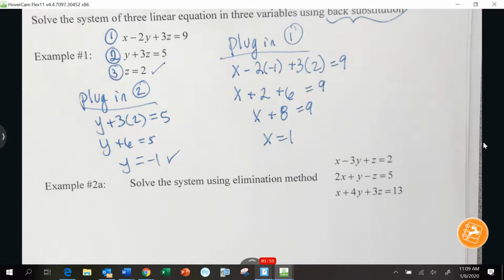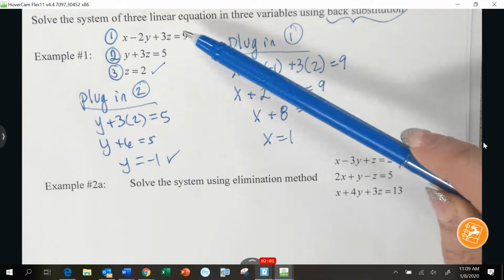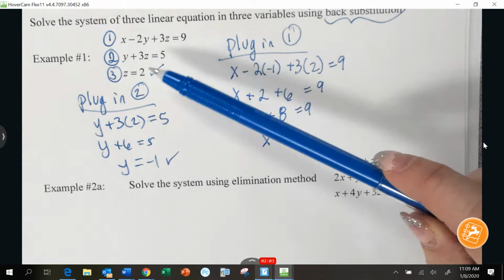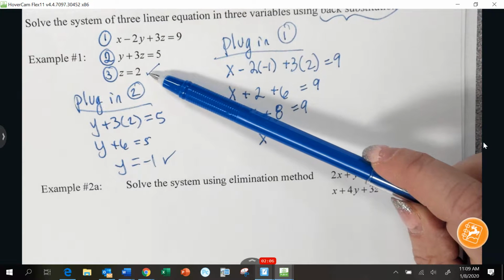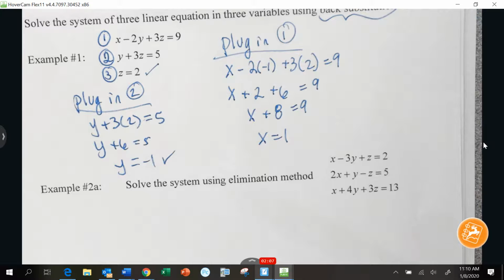Okay, so this is where these 3 equations would intersect.